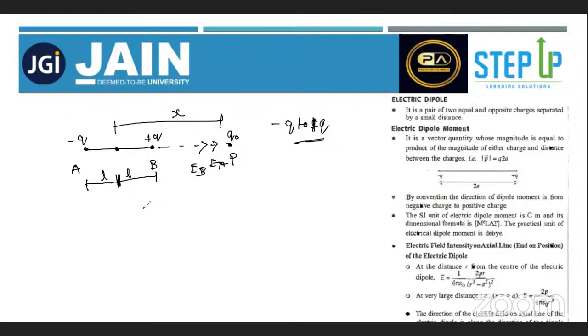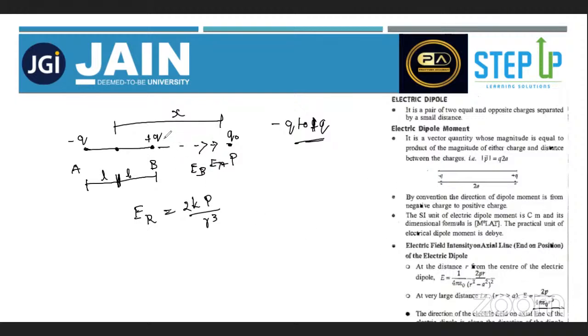If you try to find the resultant electric field, it will come as 1 by 4 pi epsilon naught times 2P, or we write it in short form as K. Here we get 2Kp by r cube.